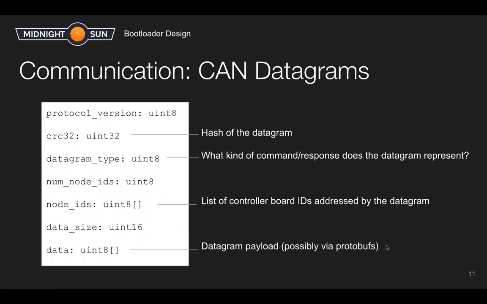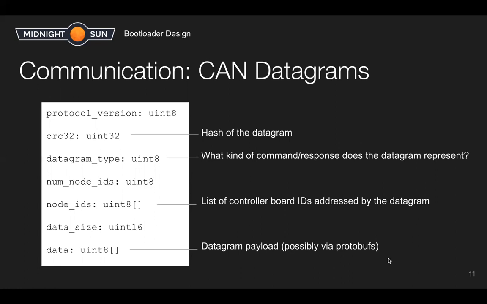So what we'll do is chop up all of this data into 8-byte chunks, and then send those 8-byte chunks as separate CAN messages, one by one. And then we use some interesting stuff with the message ID of a CAN message in order to make sure that the controller boards that are meant to receive it know it, and know what board it's from.